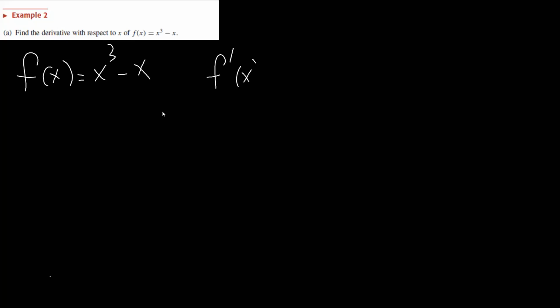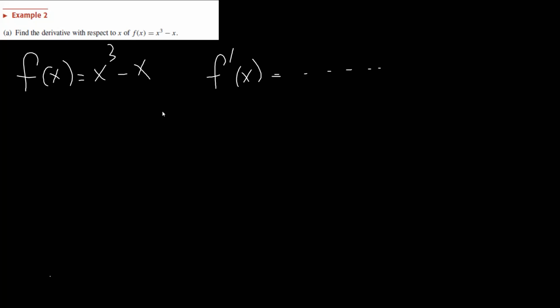Now, find the derivative with respect to x of f of x equals x cubed minus x. Here my function is x cubed minus x. I have to find its derivative, which I mean by f prime of x.